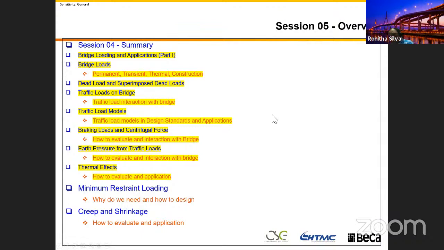Today we're going to discuss the rest of the bridge loading, especially creep, shrinkage, wind load, earthquake load, and flood load.